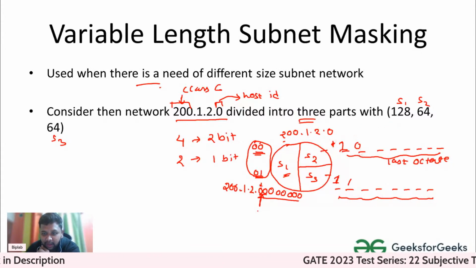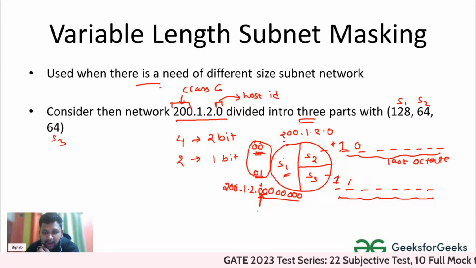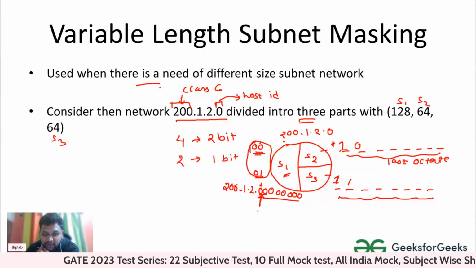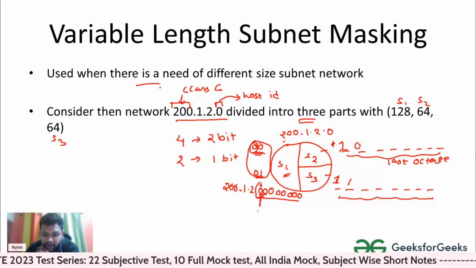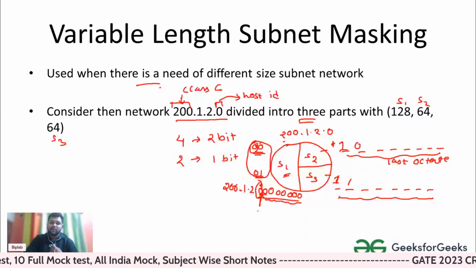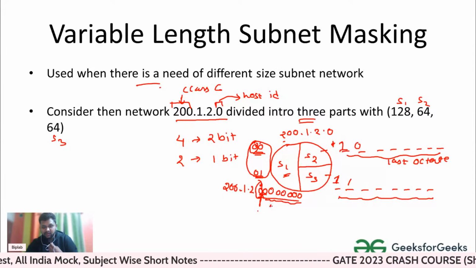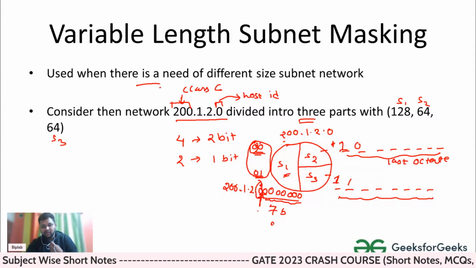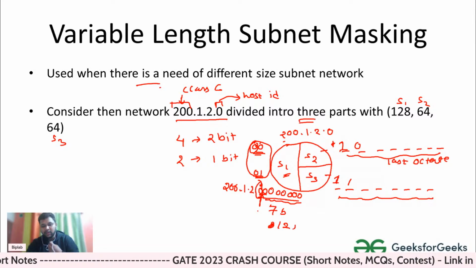So now if you look at how many IP addresses each subnet has, since you have reserved only 1 bit as subnet bit, how many host bits are you left with? 7 bits. That is nothing but 128.